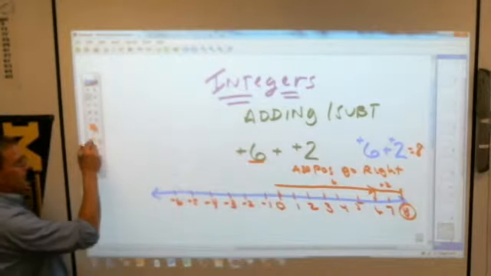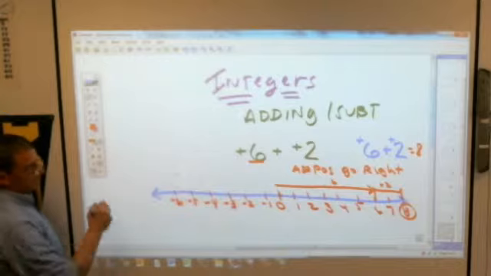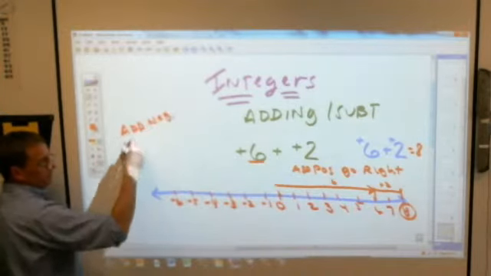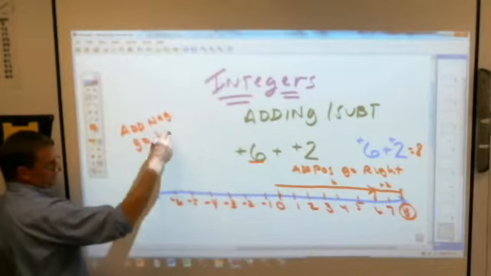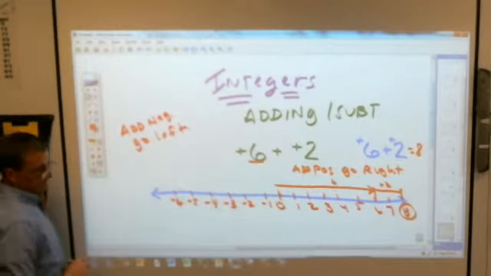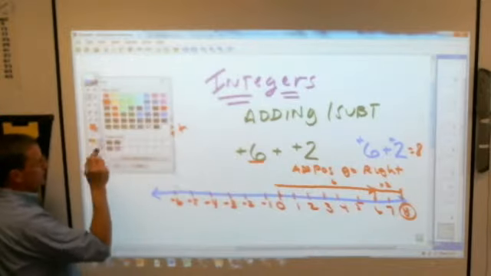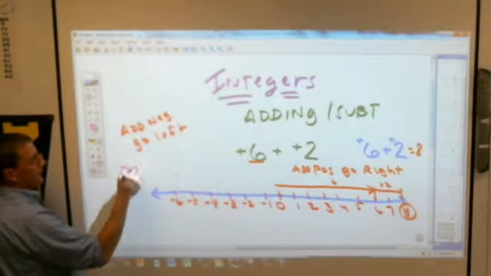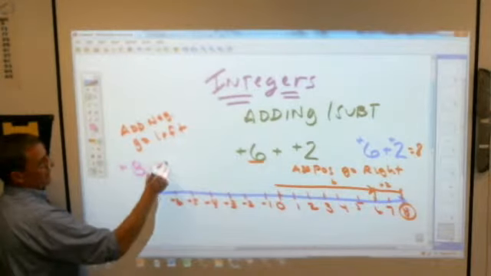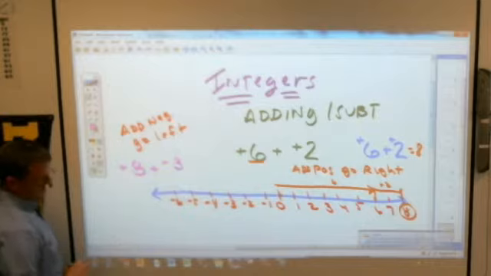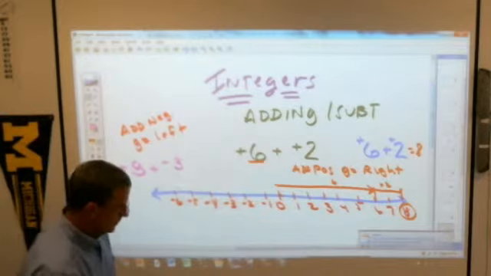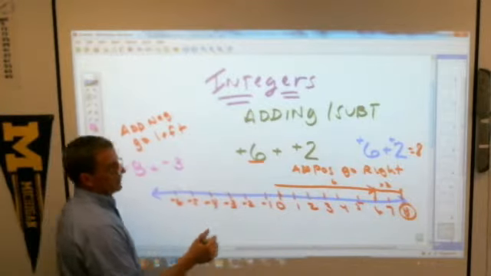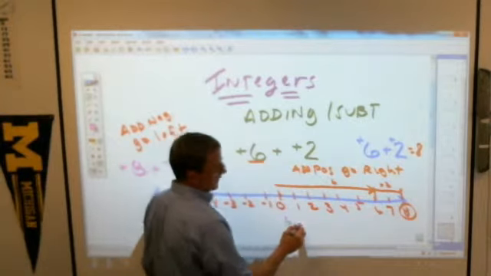The problem comes when we add negative integers. If you add negative integers, you go left. I'll give you a chance to take a look at this. If I have a positive 8 plus a negative 3, that means I start at positive 8 and go this way.